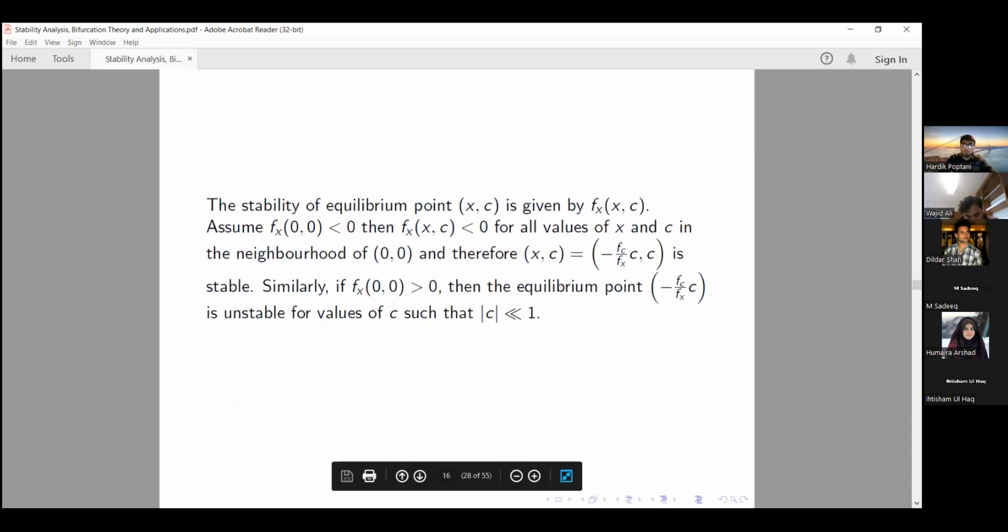So therefore, the equilibrium point x of c is given by this right here. Now we assume that the derivative at the equilibrium point 0, 0 is less than 0.